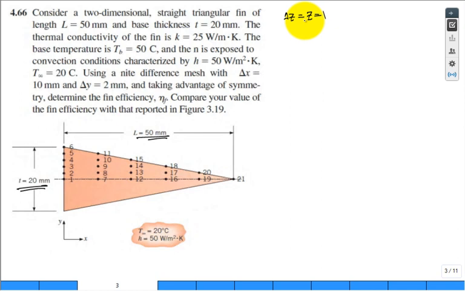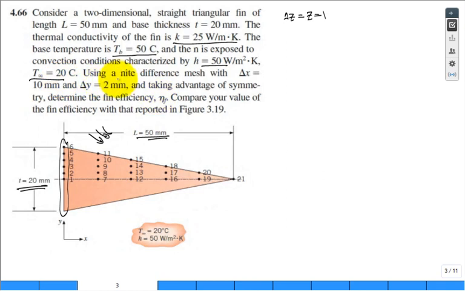It's really 2D. I'm not going to stress the 3D part of it because it's infinitely long. You have the thermal conductivity of the material, and the base temperature. The base temperature is specified right here, and it's exposed to a convecting fluid, and you have the convection coefficient given, and the temperature of the convecting fluid.